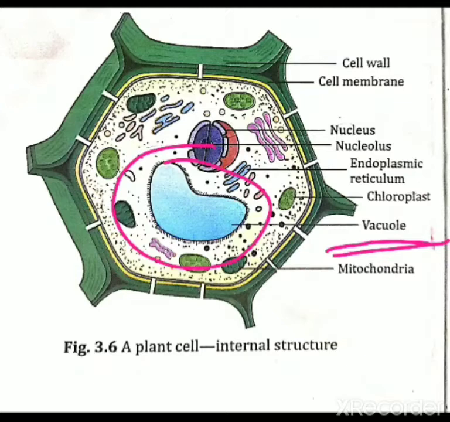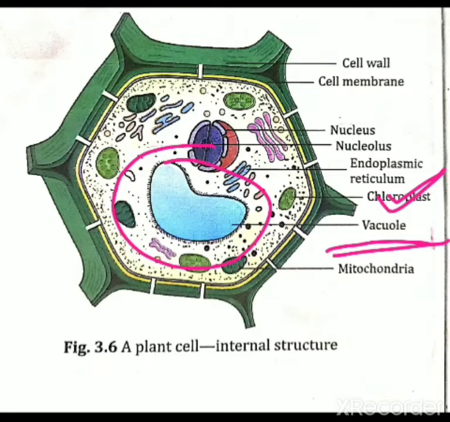You know that chlorophyll is present in the leaf. Due to the presence of chlorophyll only, plants can make their food. This chlorophyll is located inside the chloroplast.